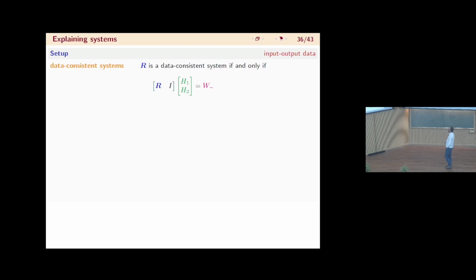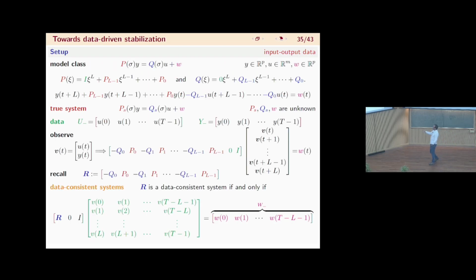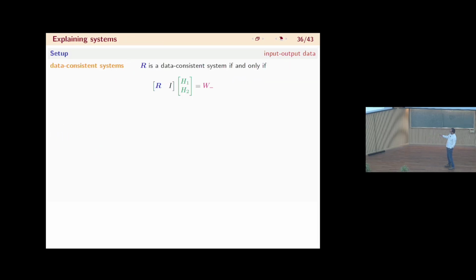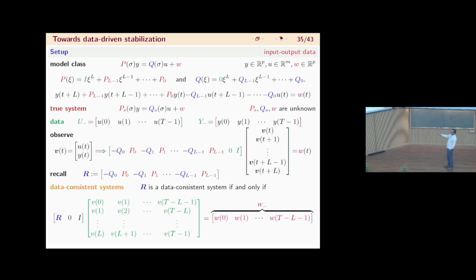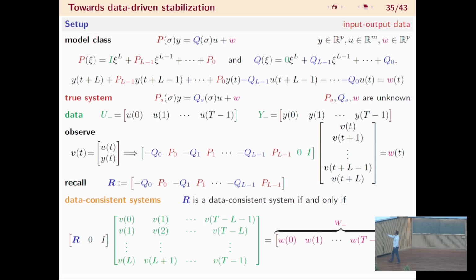And again, let's write this in a compact way. So I can write this as R times some part of this matrix, the upper part except the last row block, and 0 identity times the rest. So I can define this green matrix as H1, H2. I can partition it. Is this clear? Look, what I'm going to do is, there is this 0.